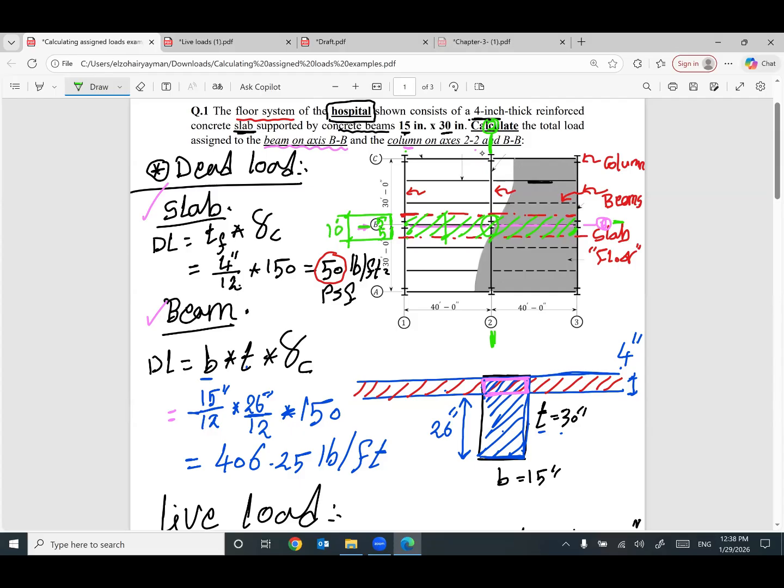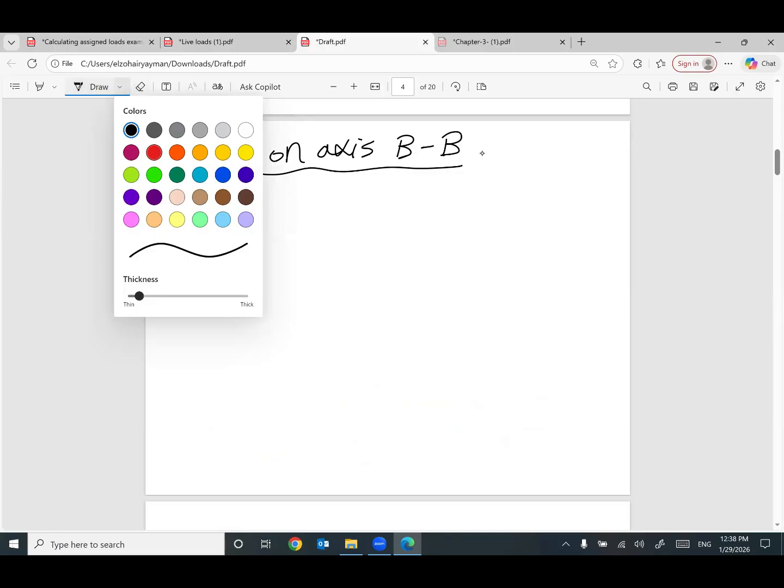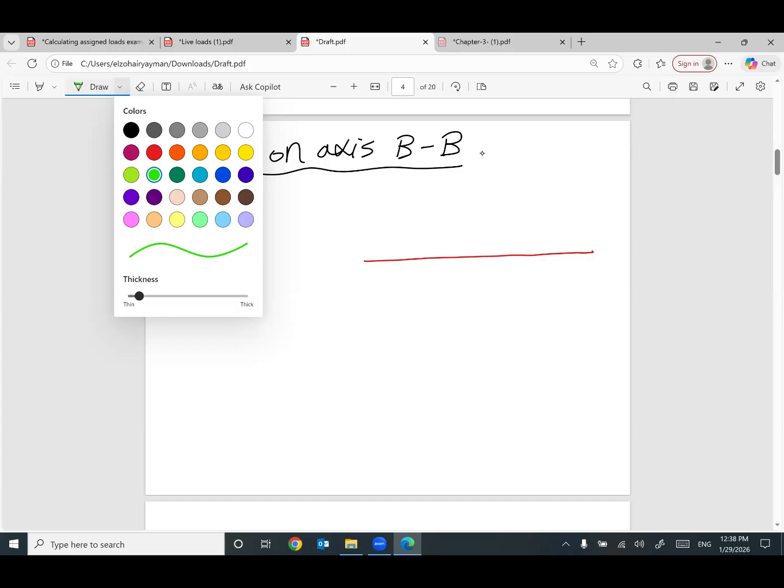And the total length of this area will be 80 feet. I'm talking about the area with the green hedge. The total length will be 80 feet. The width will be 10 feet. So the beam under consideration, which is the beam on axis BB, has an area assigned to this beam.